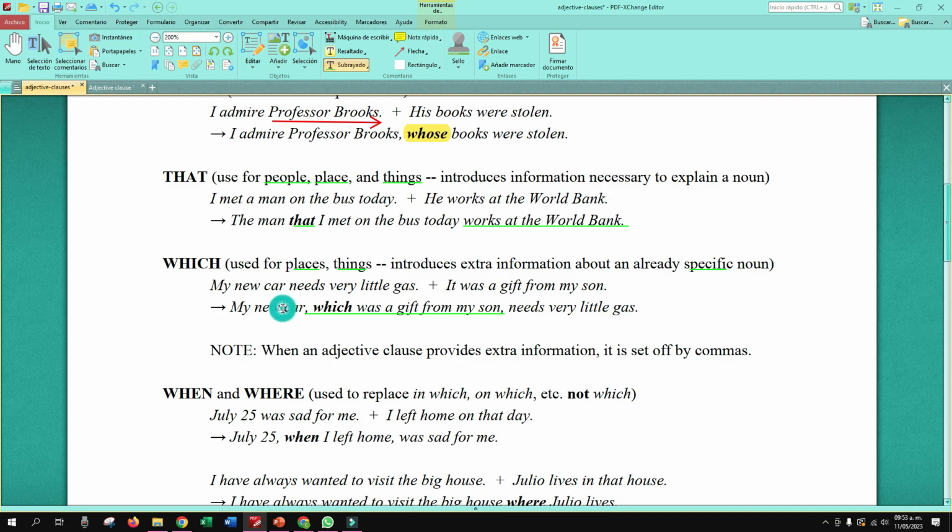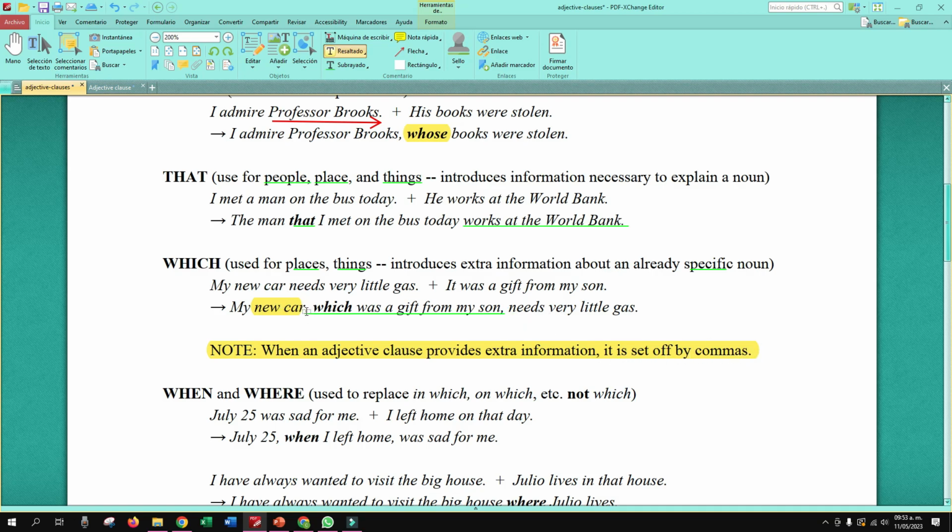Which will be the specific noun? The car, my new car, right? So, which was a gift from my son needs very little gas. And here you have something that is very important. Note, when an adjective clause provides extra information, it is set off by commas.